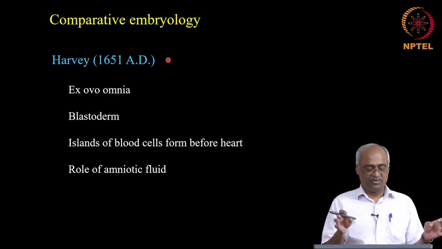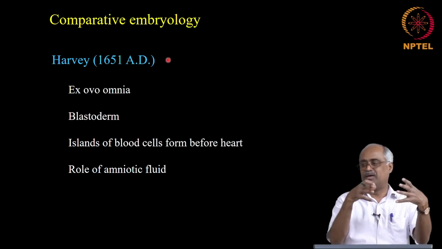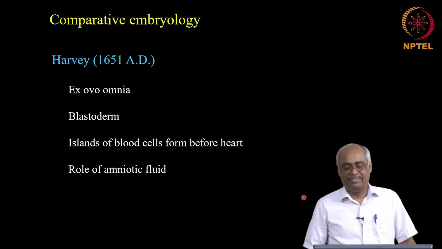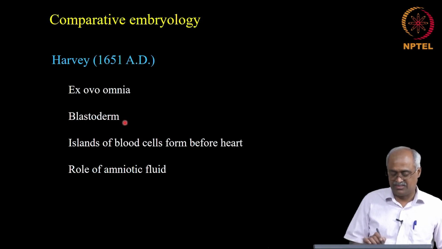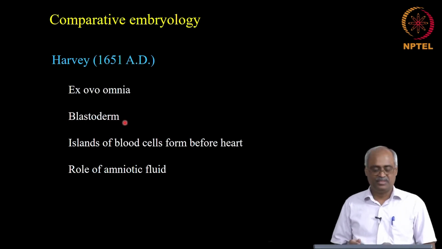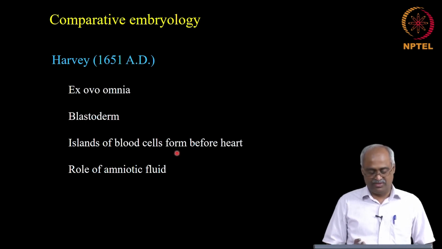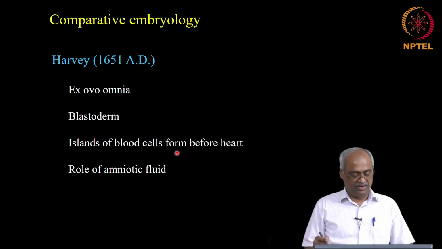So, ex ovo omnia, meaning everything comes out from the ovum. And then he was the first one to identify the blastoderm stage in some organisms, and he also identified the formation of blood cells in embryogenesis, and he noticed that this happens before the heart.